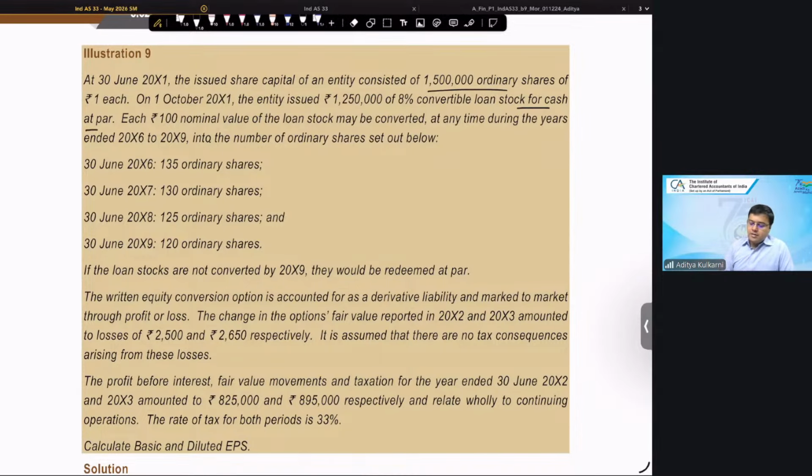Each 100 rupees nominal value of the loan stock may be converted at any time during the years ended 20x6 to x9 into the number of ordinary shares set out below. If they convert by 30th June 20x6, they will get 135 ordinary shares for one loan note; then 130, 125, 120. So this is the manner. If the loan stocks are not converted by 20x9, they would be redeemed at par.